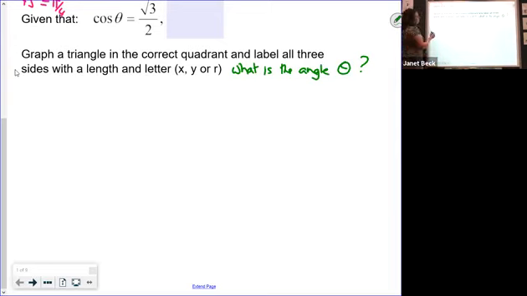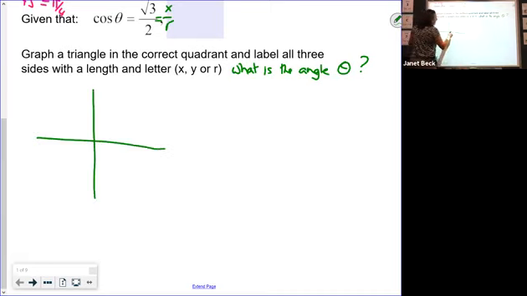So we've been given a cosine, so we've definitely been given an x divided by an r. We know that x is the square root of 3. So if I was drawing a triangle, that side length there would be the square root of 3, and the r is 2. Okay, so just draw a radius of 2. Here we go.